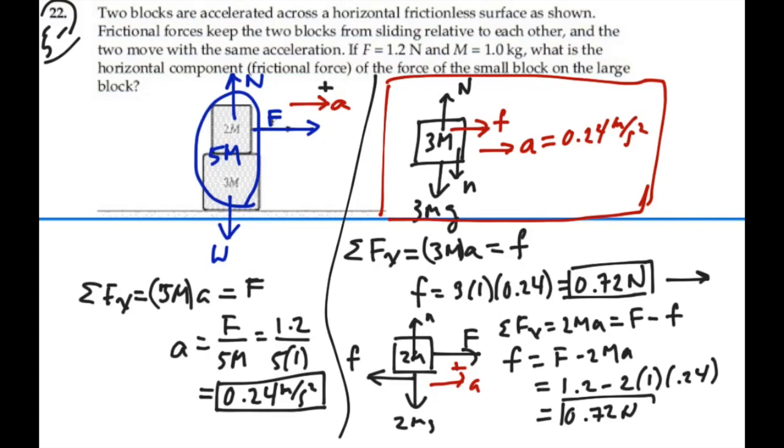And that, in this case, is to the left, but that's the force of the large block on the small block. The force of the small block on the large block is to the right, and it's 0.72 newtons. So the one we want is this one right here.